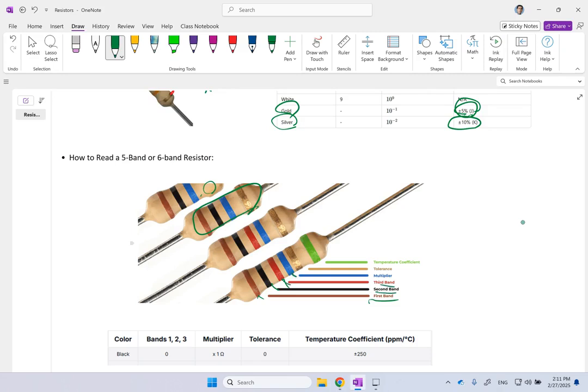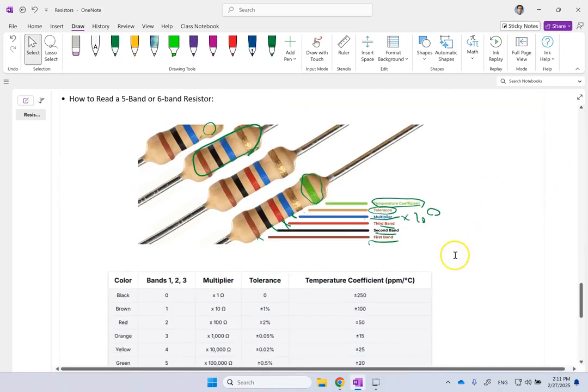The fourth one is the multiplier, which is that 10 to the whatever power. The fifth one is a tolerance, again, gold and silver. And there is a 6th band. The 6th band is a temperature coefficient. Okay? So how do you read that? Let's take a look.